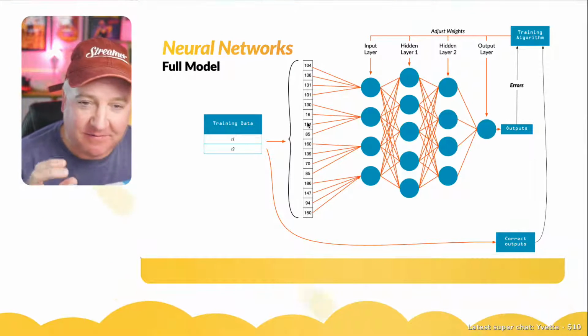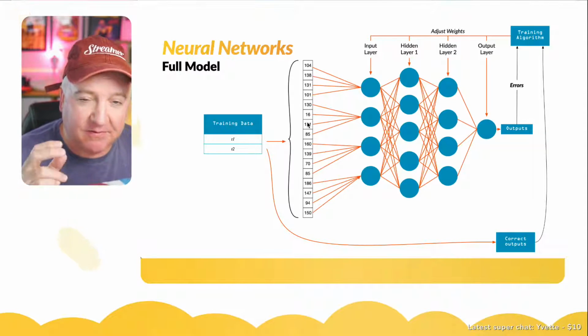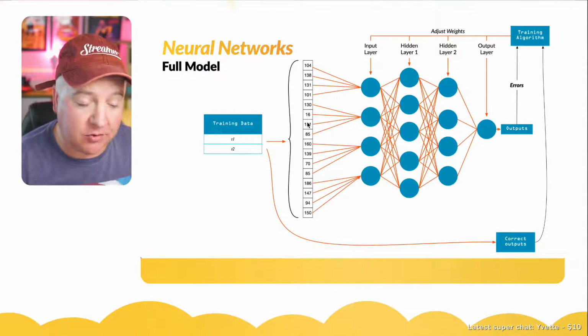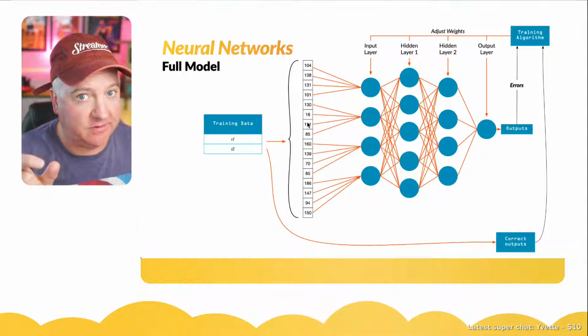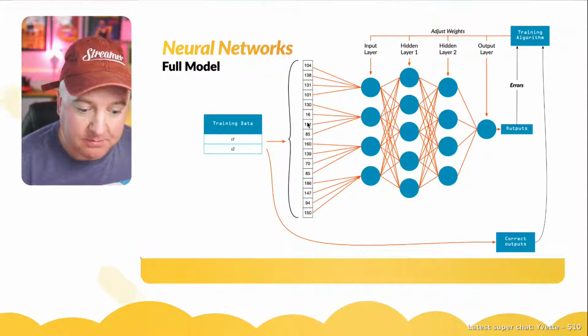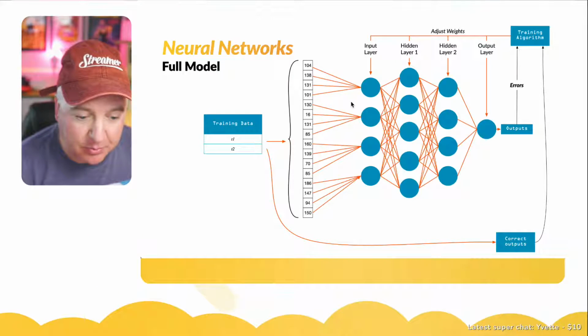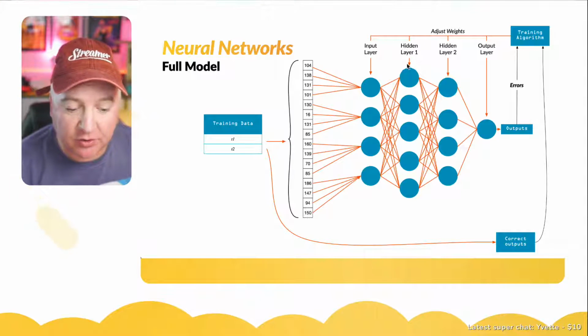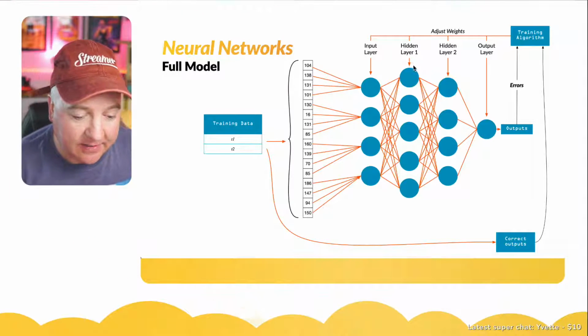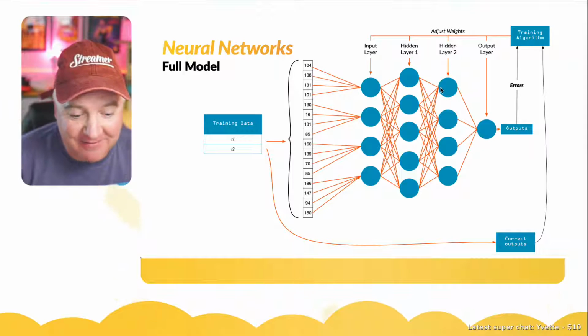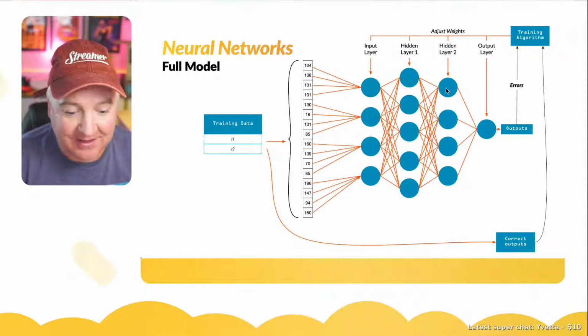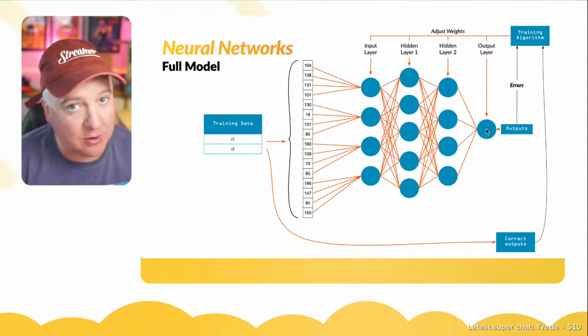In this particular example, 4 values are an input into the first node in our neural network. Then the next 4 go into the next node, and the next 4, and they're all in the input layer. Each of these input nodes has connections to every node in the next hidden layer, and those have a connection to every node in the next hidden layer. And then they all have connections to the output layer.